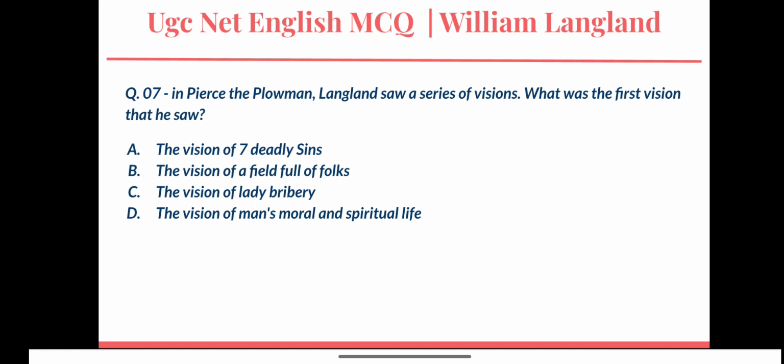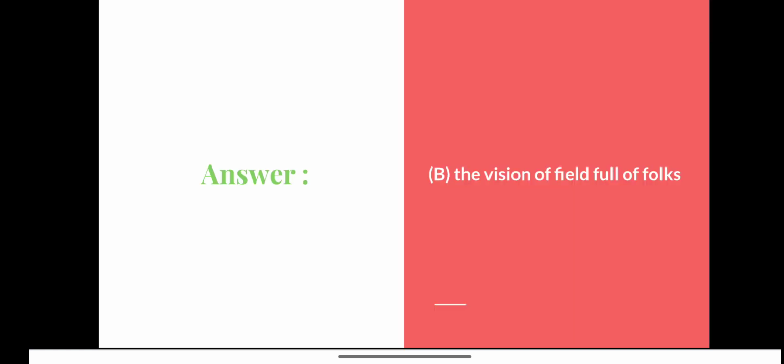Option B, the vision of a field full of folks. Option C, the vision of Lady Bribery, or option D, the vision of man's moral and spiritual life. Okay, so the right answer for this question is option B, the vision of a field full of folks.